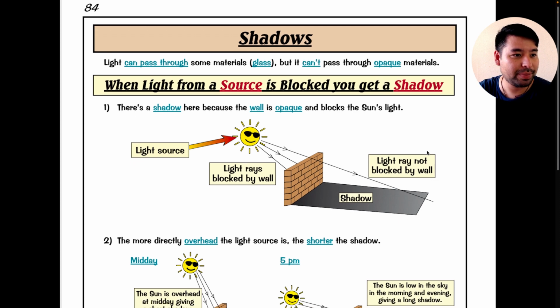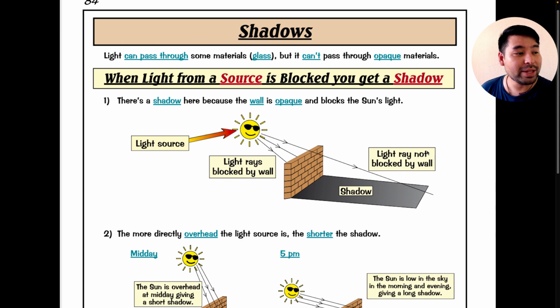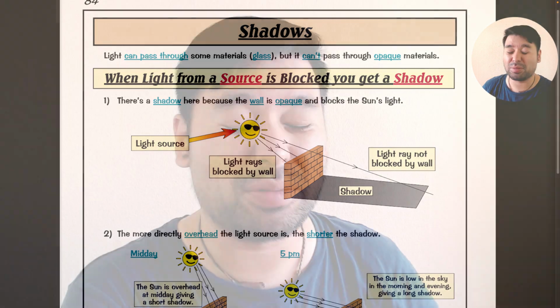So let's go down a little bit here. When light from a source is blocked, you get a shadow. When there is a light coming in a direction and there is something that will block the light, it will create something that we call a shadow. The shadow is the result of the light coming and there is a block, and then on the other side we have this shadow.